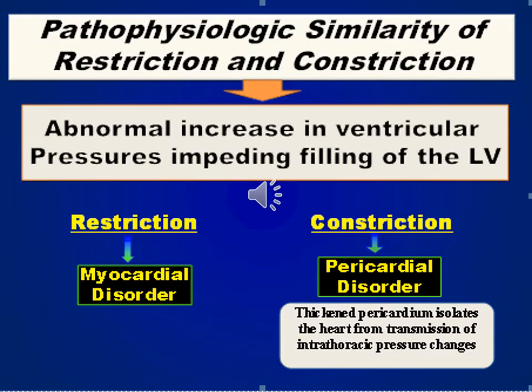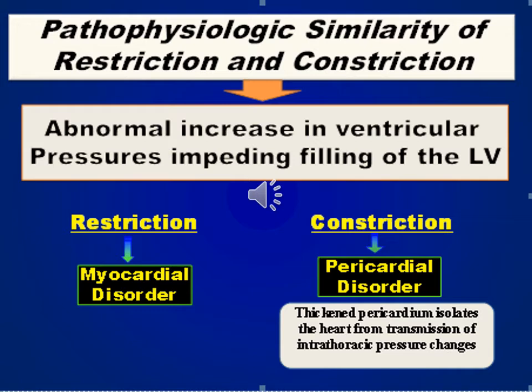We have two domains that have a pathophysiological similarity, one called restriction and another called constriction. In both domains, there is an abnormal increase in the ventricular pressures that impedes the filling of the left ventricle. Our topic today is the constriction type, which is a pericardial disease in itself, called constrictive pericarditis.